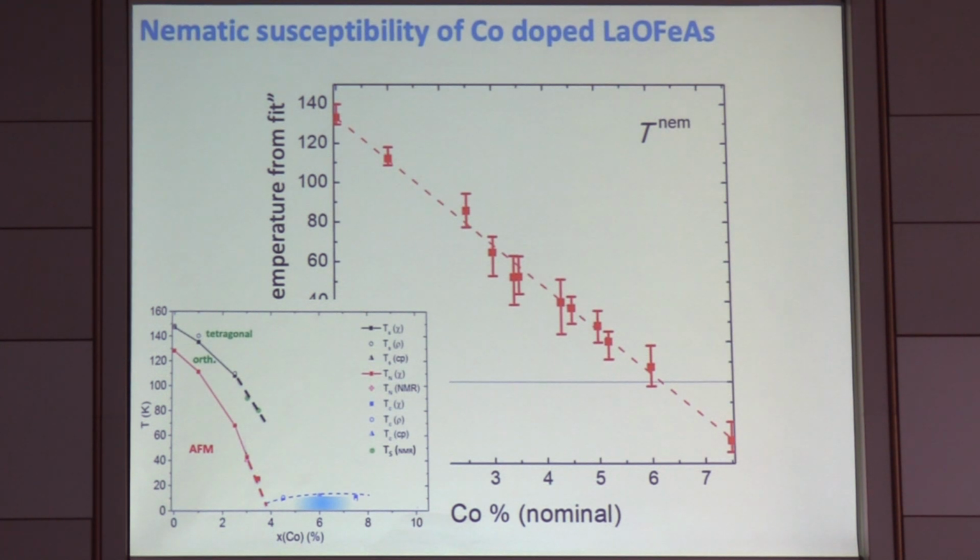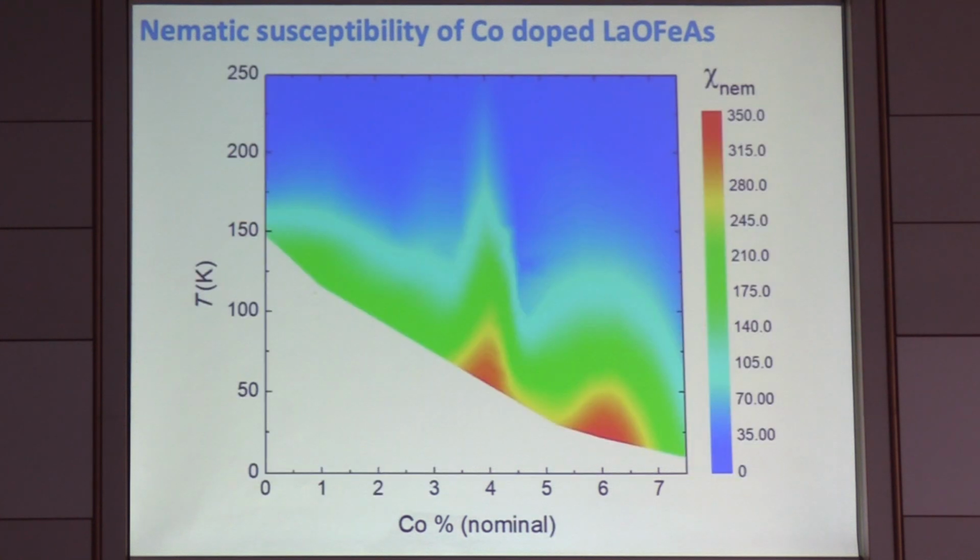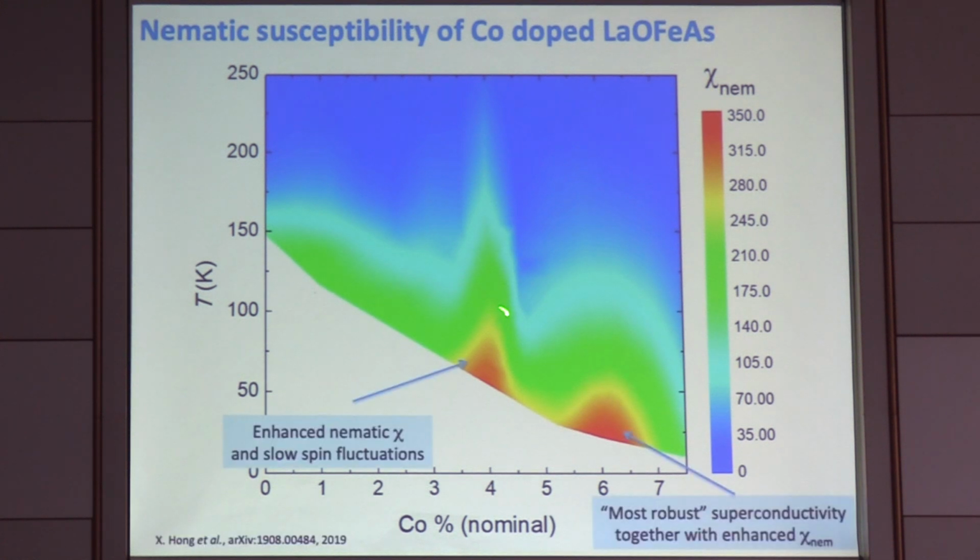So that's fitting, but we can also simply plot these strain derivatives of the resistivity. What we plot here is just the raw data, dR/dη. And what you then see just by naked eye is that there are two interesting compositions. One at smaller dopings, and this is exactly where magnetism disappears.